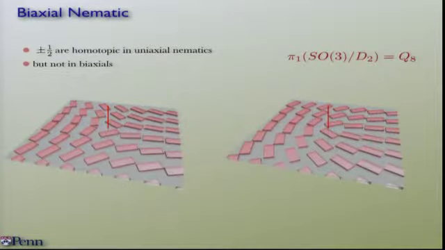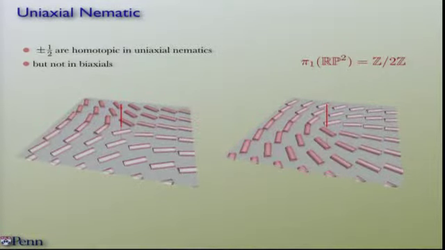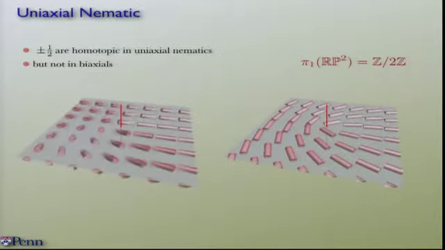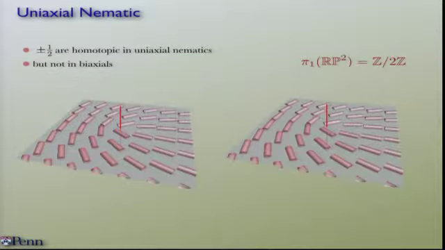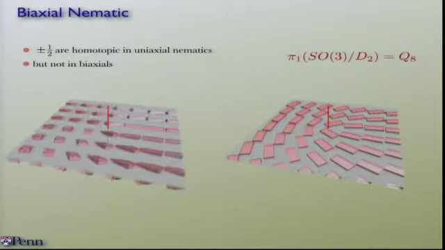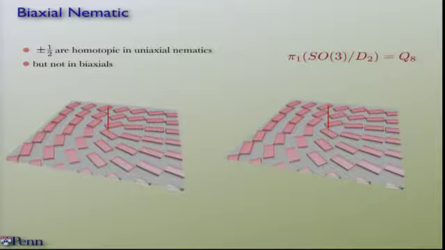In the uniaxial case, I can hold this one guy in the corner fixed. I'm just rotating around its center, but it's symmetric, so you can't tell. But in the biaxial nematic, I'm forced to rotate it. And this is an important mathematical thing that when you do these homotopies and decide if two things are equivalent, you have to hold one thing fixed.